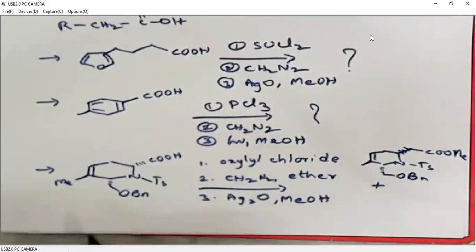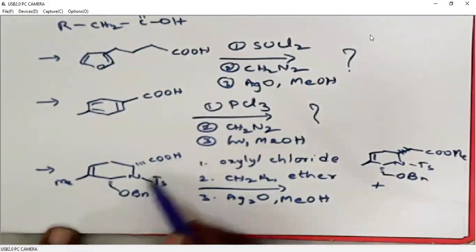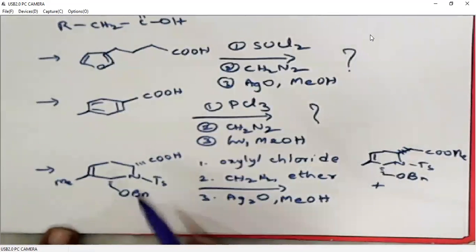When we generate acidic conditions, they may deprotect oxygen protecting groups. Here it is O-benzyl. So in this case, it may deprotect O-benzyl. So this oxygen is free and it is involved in an intramolecular esterification reaction under acidic conditions.